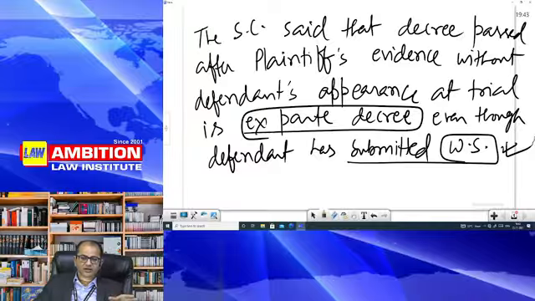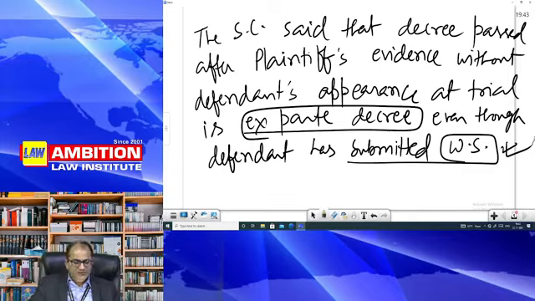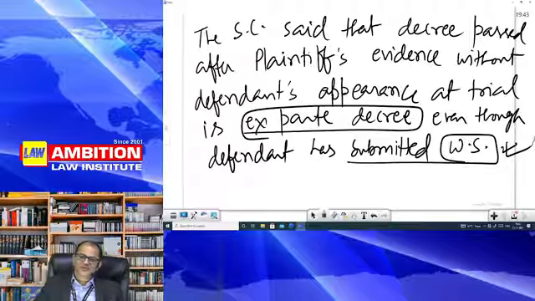So almost you are done with 70%, 80% you can say. Now the rest of the things are very, very easy. So the difficult part of CPC is gone, and nothing is difficult if you work really hard and if you read carefully. Like these different provisions. Now just relate this Order 9 Rule 13 with the Order 17 Rule 2 explanation. So this kind of understanding is required.